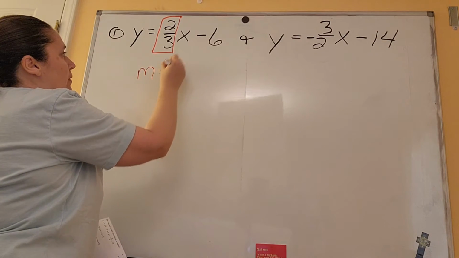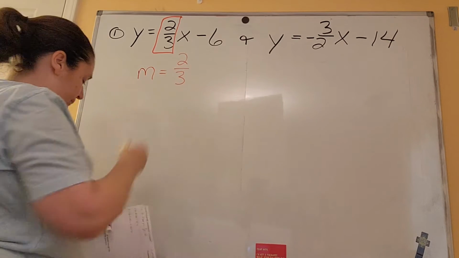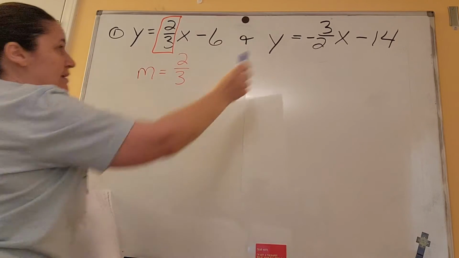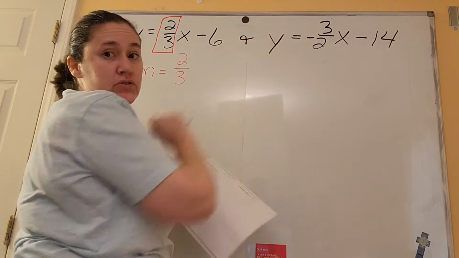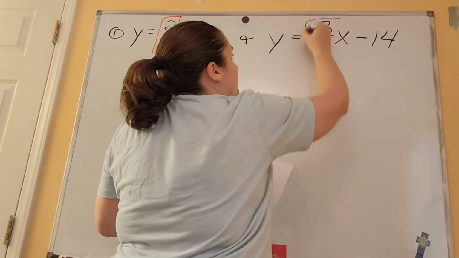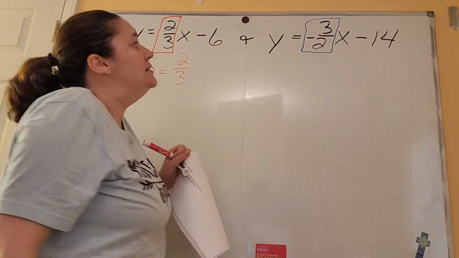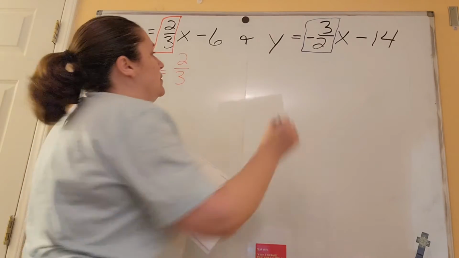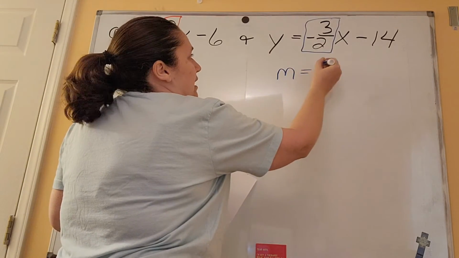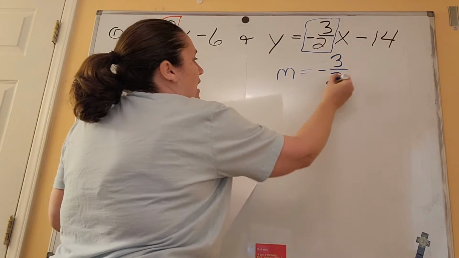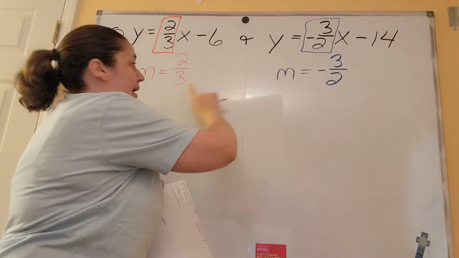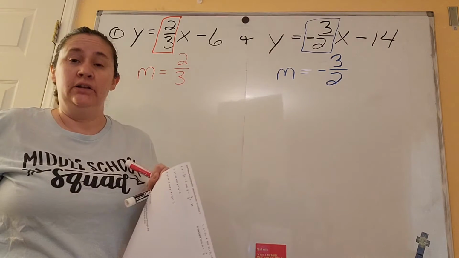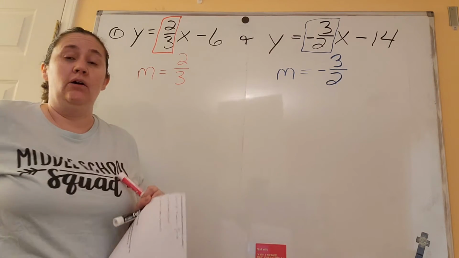The slope of this equation over here, since it is in y equals form, is negative 3/2. You need to ask yourself, is the slope the same? No, it's not. So these lines are not parallel.